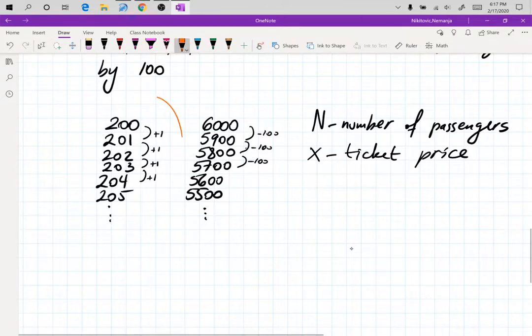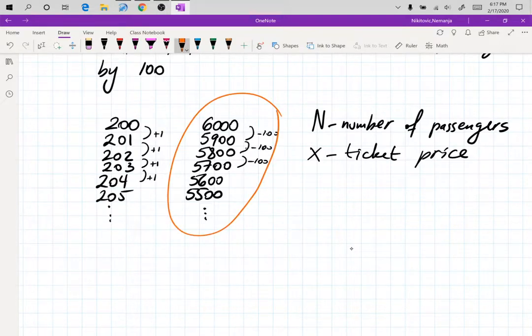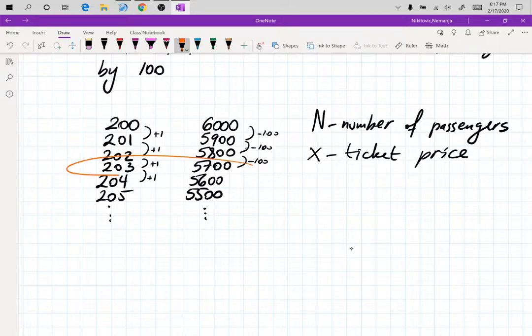Over here, I have the counter. And over here, this is decreasing by 100 each time. So, if you take any particular row, you see that you made 1, 2, 3 jumps of plus 1, and you lost exactly 3 times 100 people.